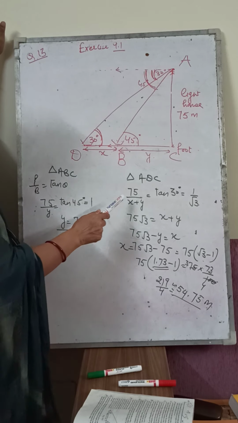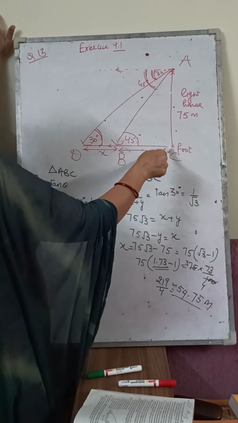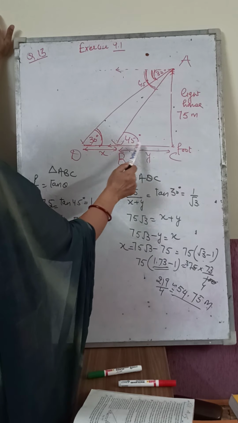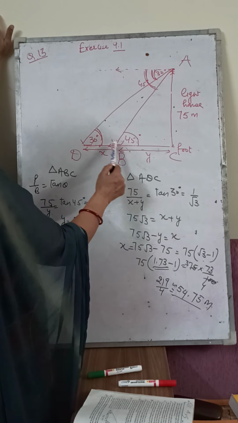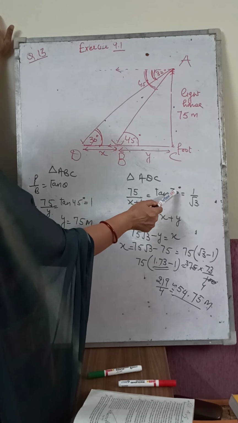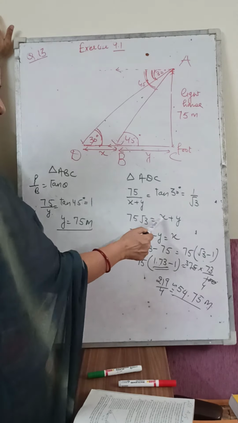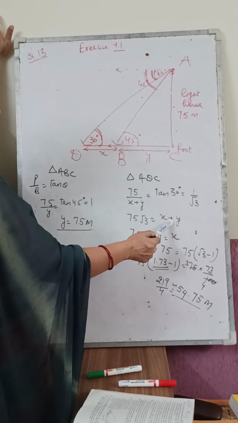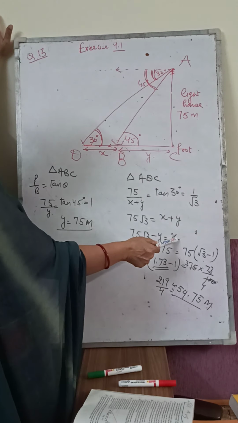Clear? Now, come to triangle ADC. Perpendicular is 75 upon base is x plus y is equal to tan 30. Tan 30 is 1 upon root 3. Cross multiplication, you will get this. x bring this side, y bring this side. 75 root 3 minus y is equal to x.